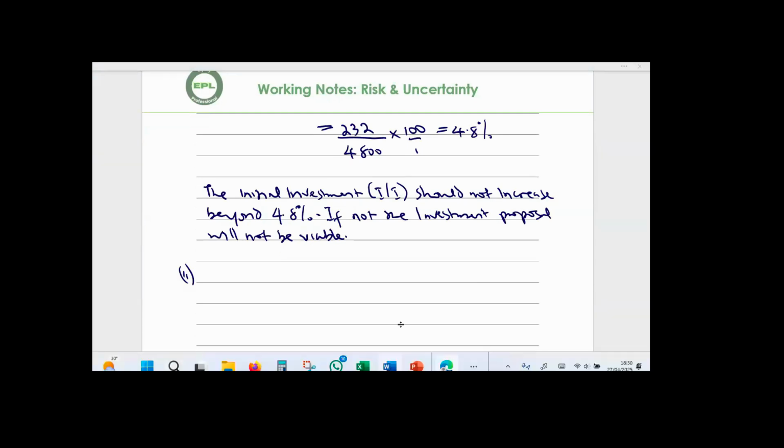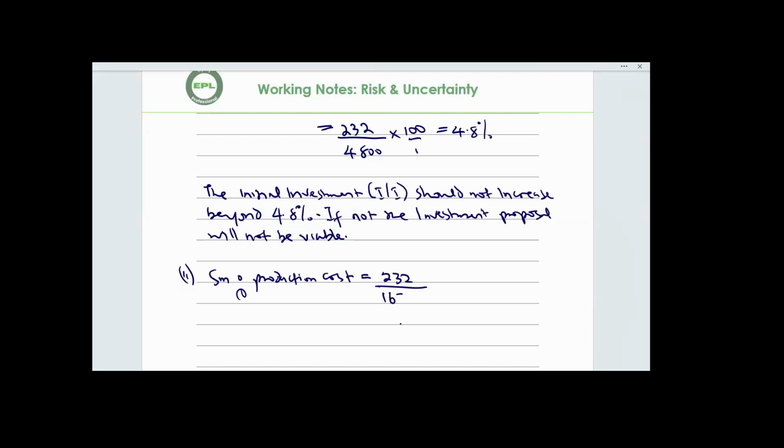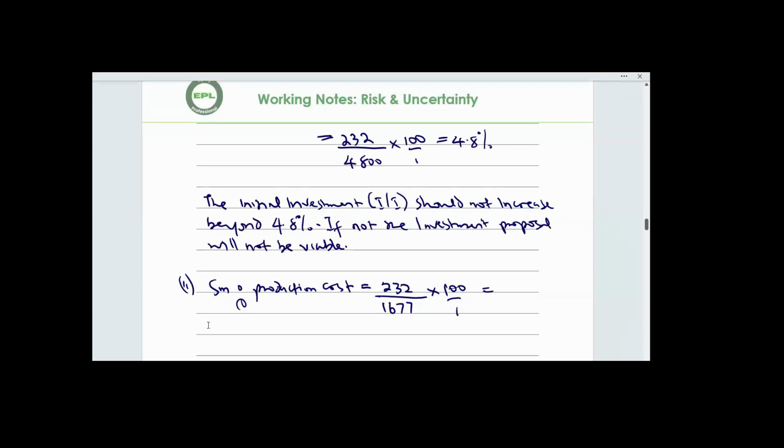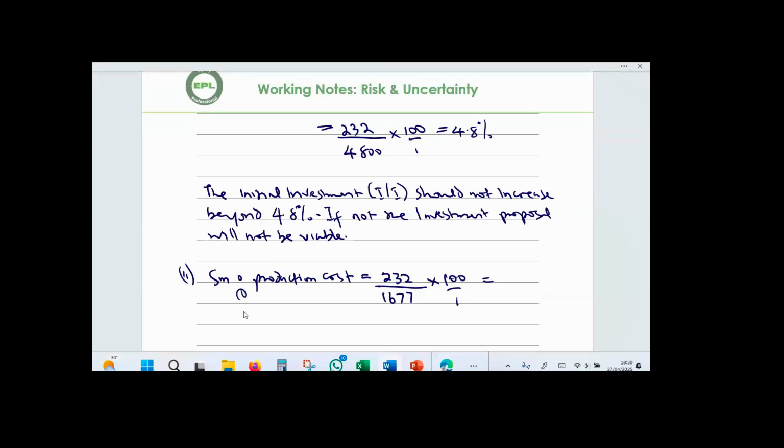I want to calculate the sensitivity margin of production cost, which is the same formula: NPV of 232 divided by the present value of production cost, which is 1,677, multiplied by 100 over 1. So 232 divided by 1,677 is 13.8%.